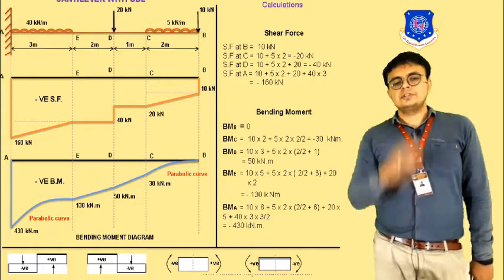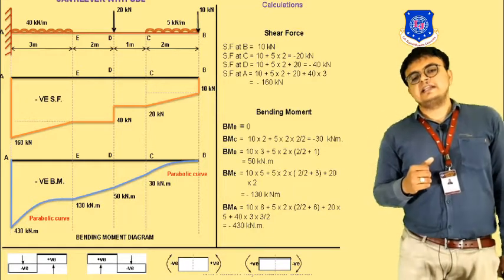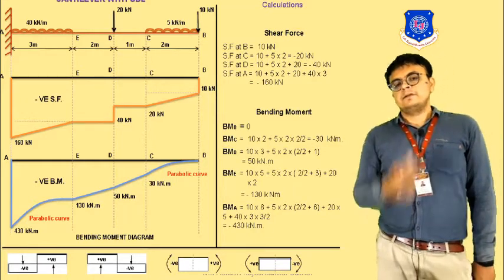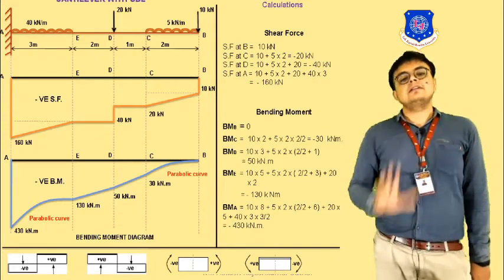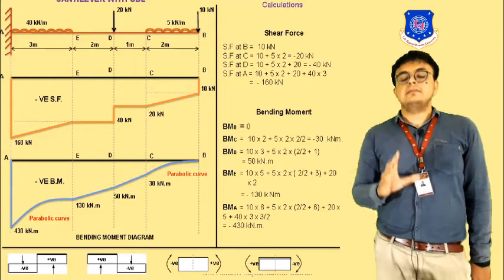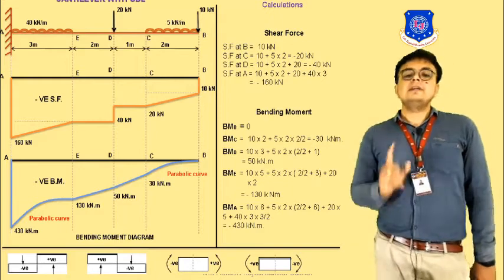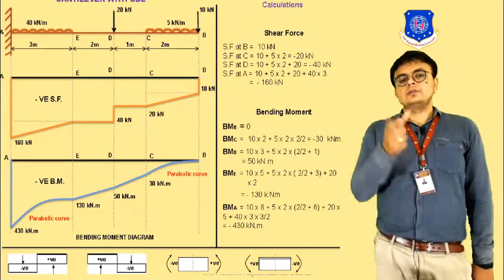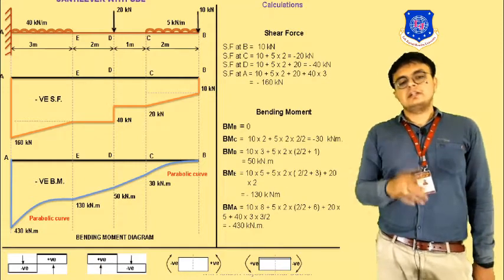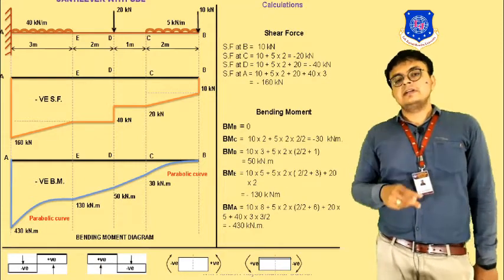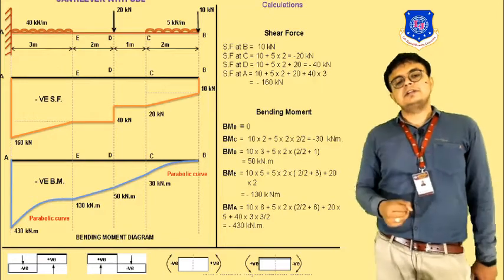Okay. So, this is how we have to prepare the diagram of the bending moment, and we all know that wherever the UDL is there, in the bending moment diagram it will be a parabola. From B to C we have the UDL, so it will be a parabola, and we have to write the value at C as equal to 30 kilonewton meter.